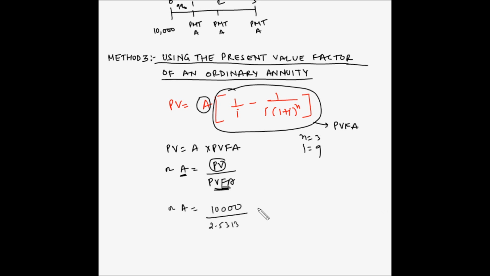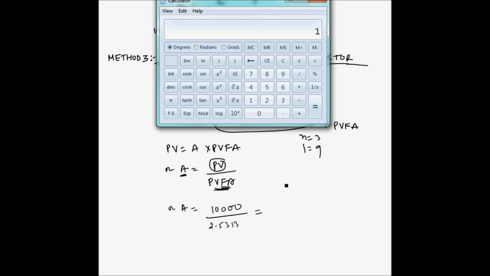So this value is going to be slightly different than the previous two methods. So 10,000 divided by 2.5313 comes out to 3950.54. Now in the previous two methods, the answer we got was 3952.57 rupees. So there is slight difference, and that's basically because of the rounding off error.